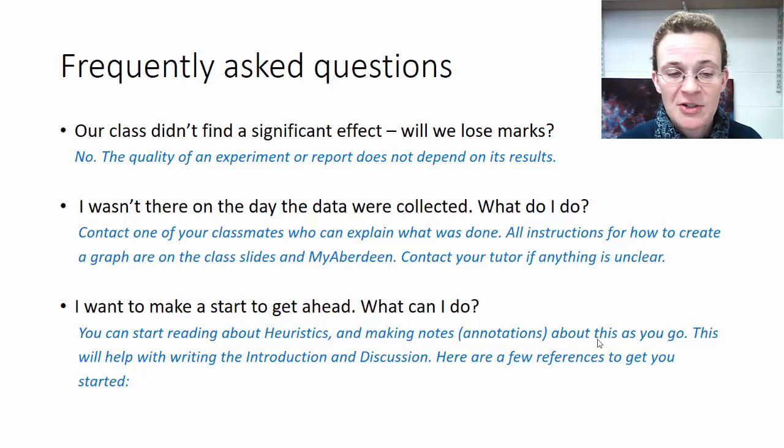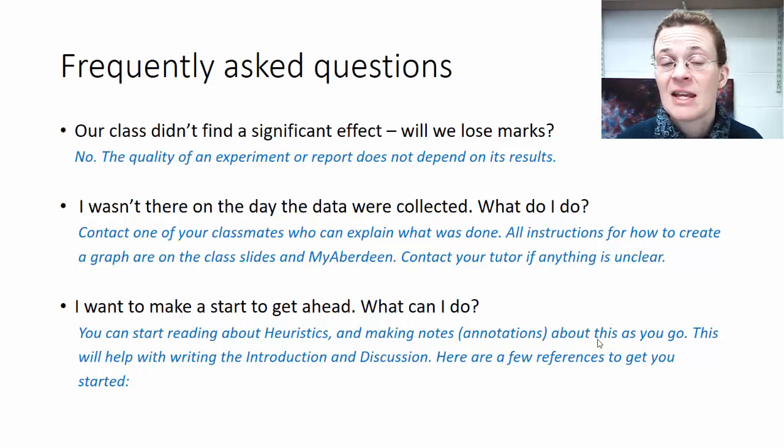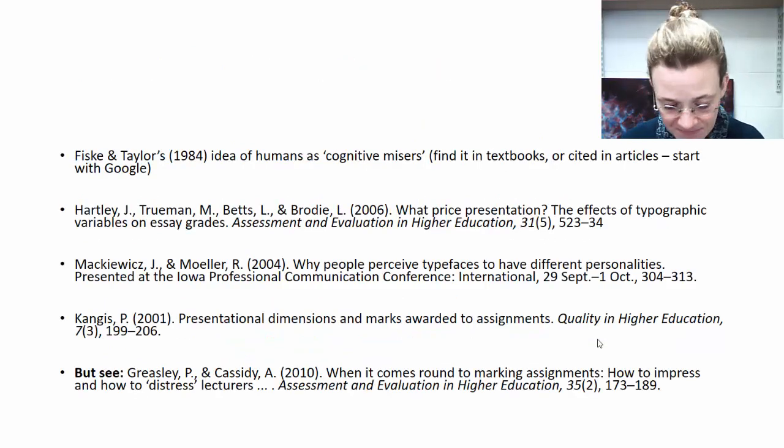I want to make a start to get ahead. What can I do? Please do, if you feel like that. Well, the best way to start is reading about the topic of heuristics, and make some annotations about this as you go. That will help you with writing the introduction and the discussion. So I've got a few references here to get you started.